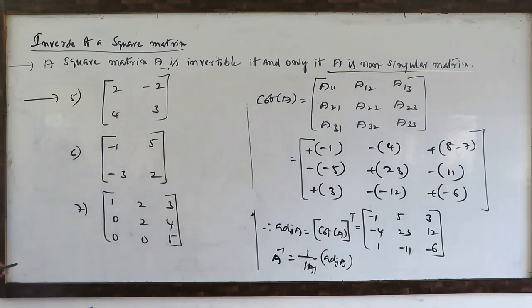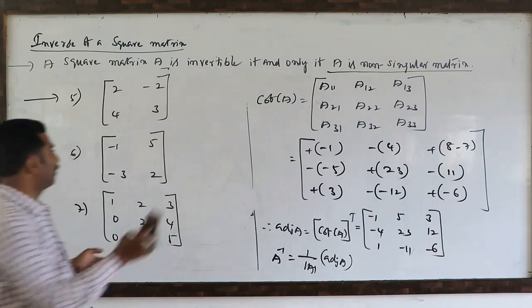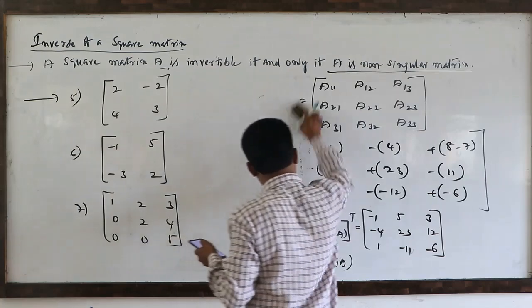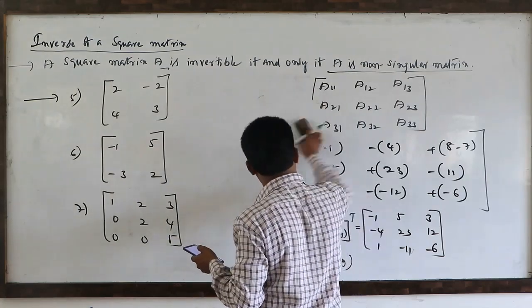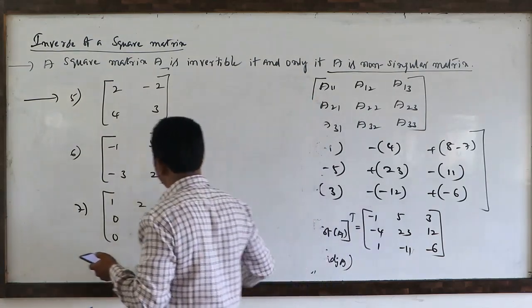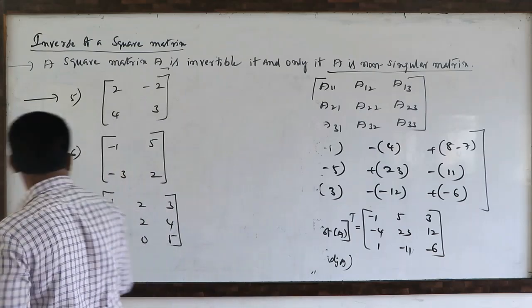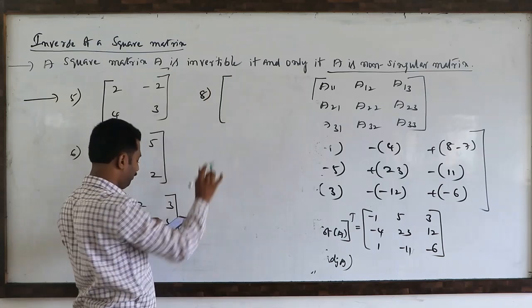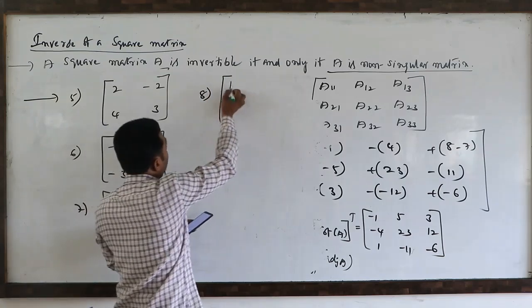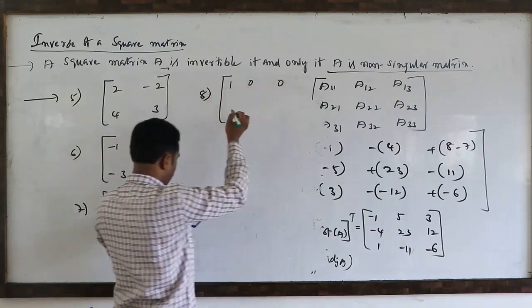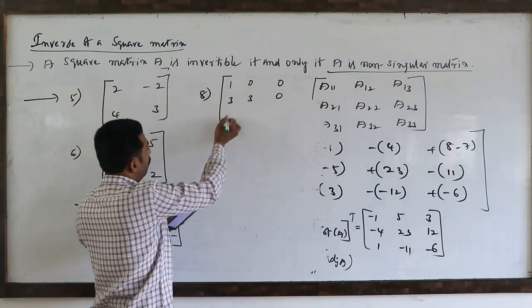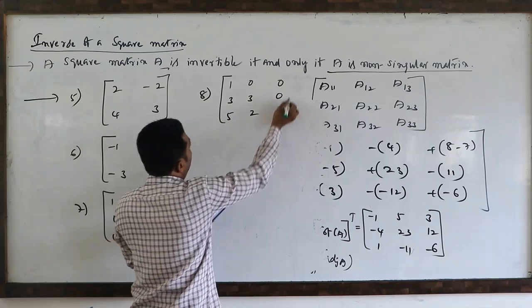Question number 8: 1, 0, 0, 3, 3, 0, 5, 2, minus 1.